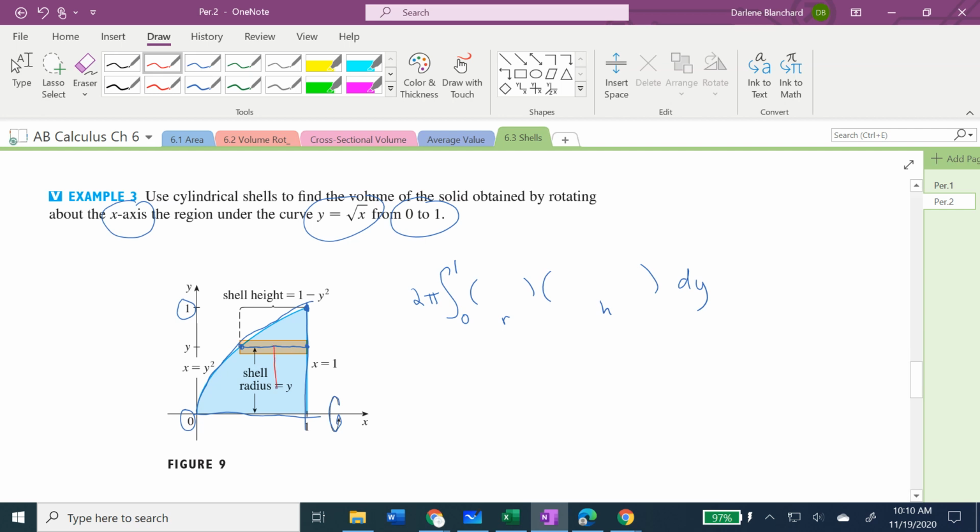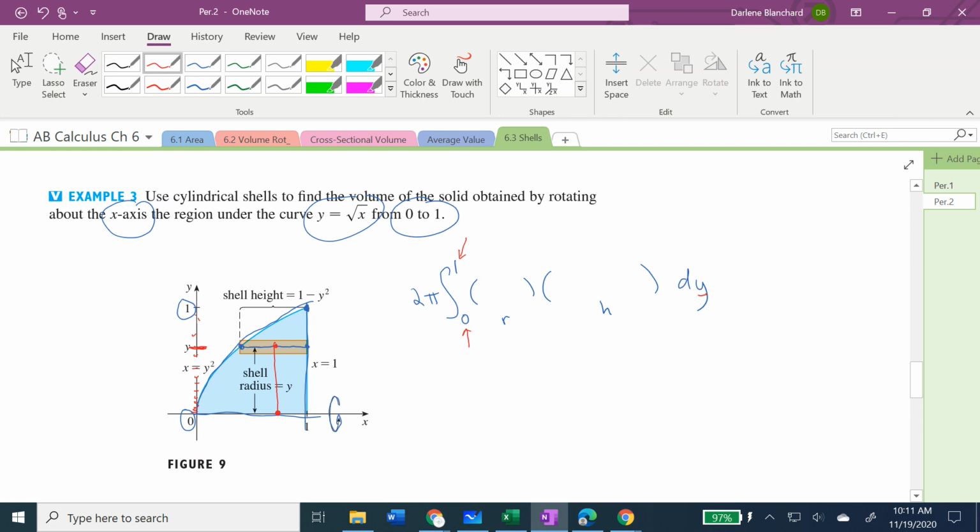The distance to the axis of rotation is a vertical distance. With a dy integral, it's going to go through all the real numbers for y, 0 to 1. And at any one moment that I stop and let the integral go through the calculation, I'm at some particular y.